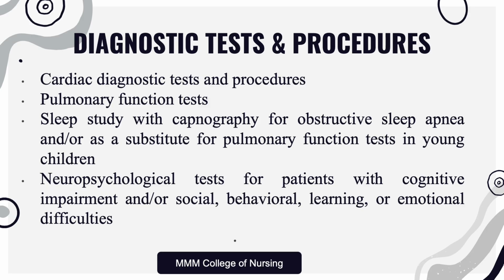Pulmonary function tests to diagnose and monitor respiratory complications. Sleep study with capnography for obstructive sleep apnea and/or as a substitute for pulmonary function tests in young children. Neuropsychological tests for patients with cognitive impairment and social behavior, learning, or emotional difficulties.